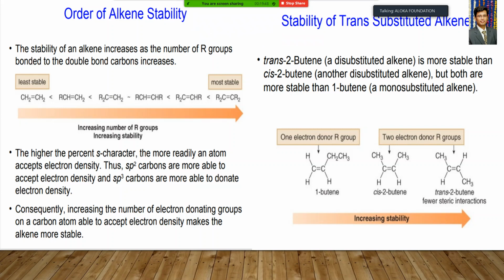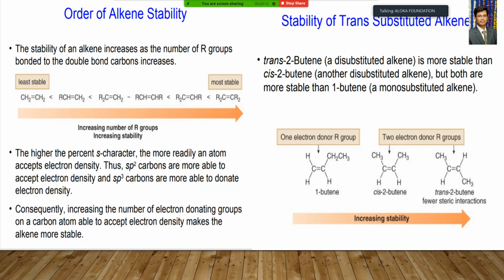Consequently, the increasing number of electron donating groups on the carbon able to accept electron density makes the alkene more stable. It increases the electron density on the carbon, and thus increases the stability of the alkene.